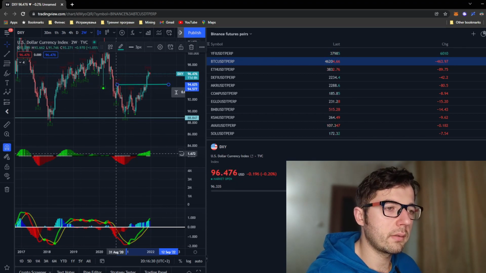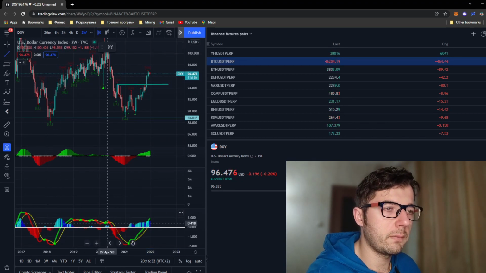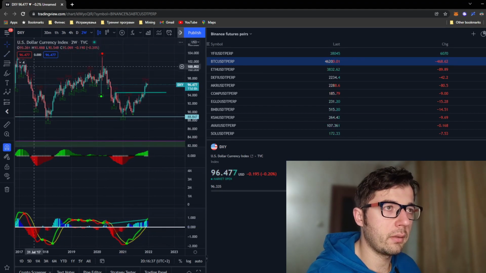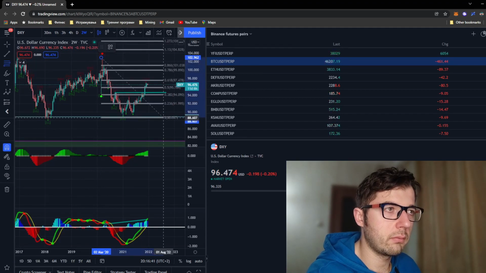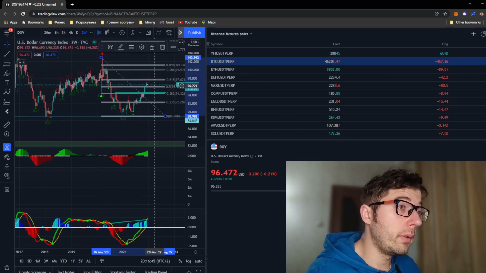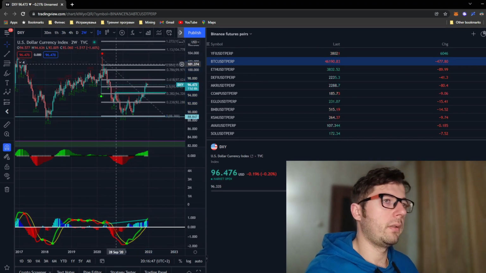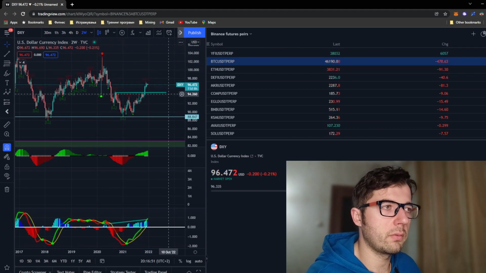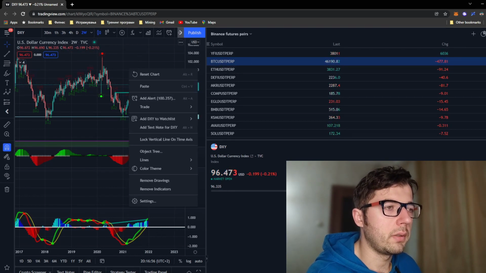You can see we have this massive hidden bearish divergence, and probably somewhere around 0.618. If you want to see the dollar losing value, you want to see it close below 4.261.